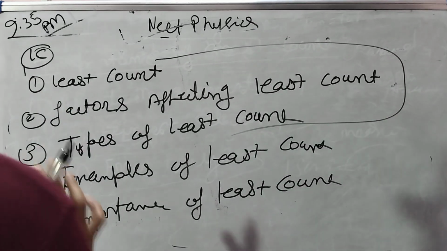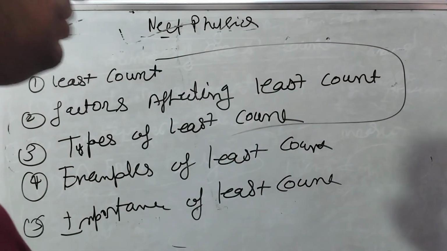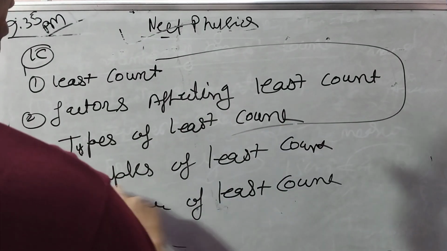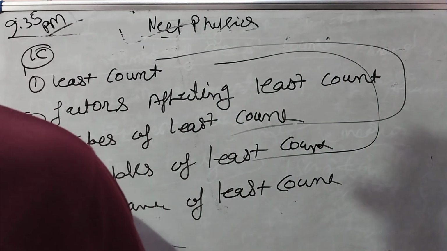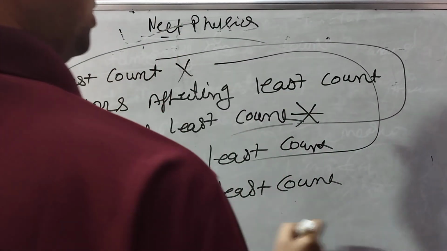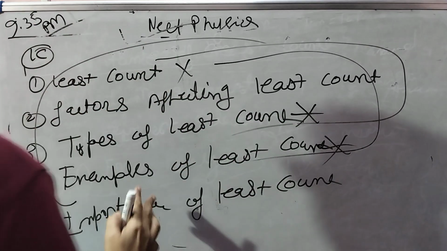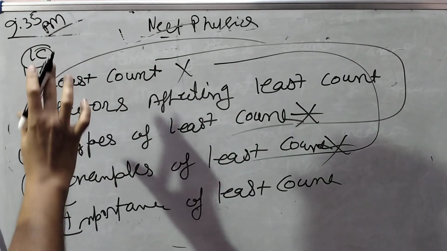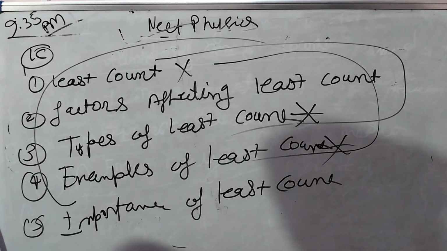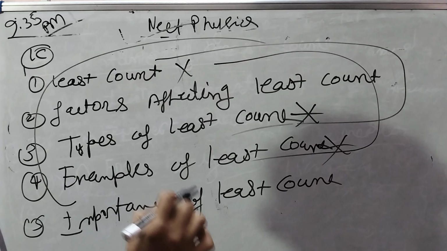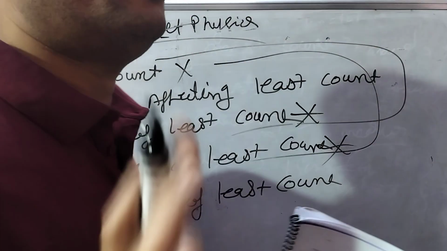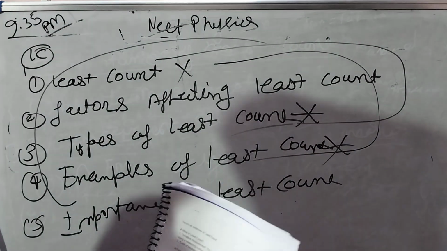In these 5 topics, it is very important to revise and memorize least count, types of least count, and examples of least count. If you don't memorize the fifth, it is still sufficient for this topic.